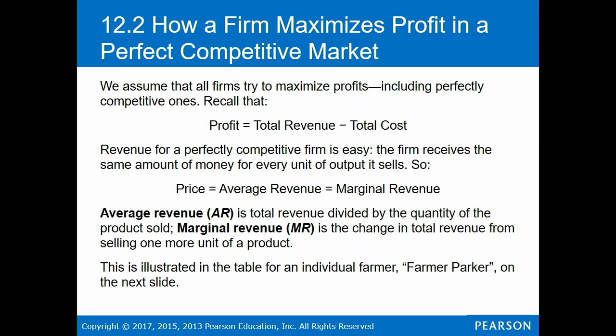The marginal revenue equals the change in total revenue divided by the change in the quantity. Because marginal is for the next unit, usually this change in quantity is going to be 1. But it's important to remember it's the change in quantity, just in case we deal with something different in a situation.